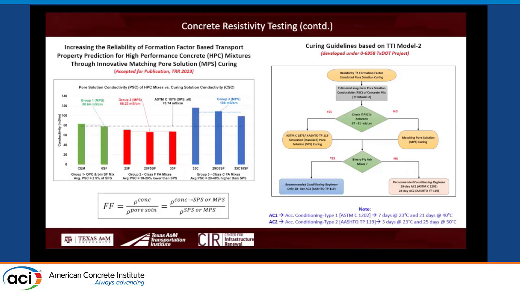You see the pore solution conductivity. We calculated the pore solution concentration and used the classical equation to convert it to conductivity, and these are our estimated pore solution conductivities. We didn't do any test. It's estimated. You see here, this is the standard pore solution curing according to ASTM C1876.